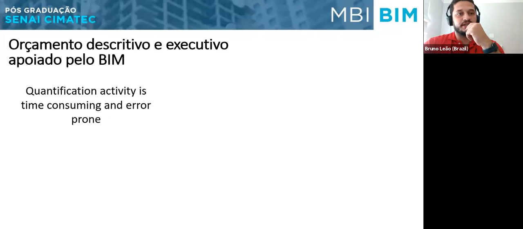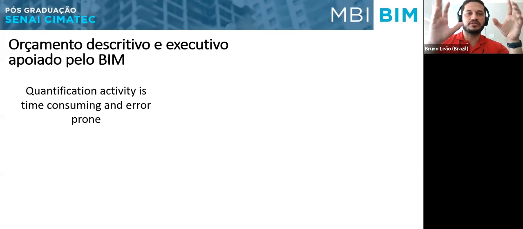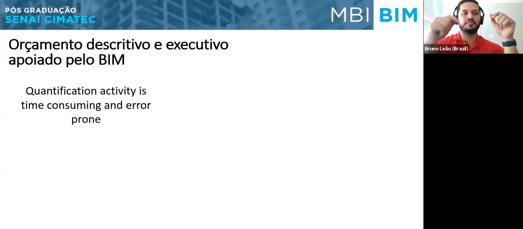So in the budget process, we actually consume more time during the quantification. Some studies that I read say that 80% of the time that we invest in the budget is spent on the quantification. And that's the main point of it. BIM doesn't do budgets. BIM does the quantities, and the professionals that are using the model do the budgets.